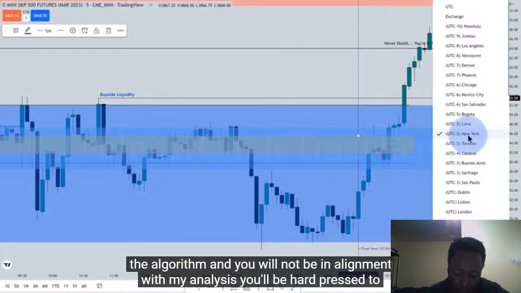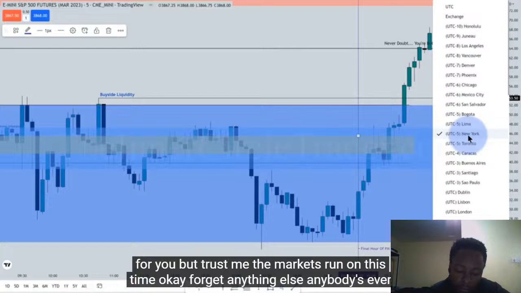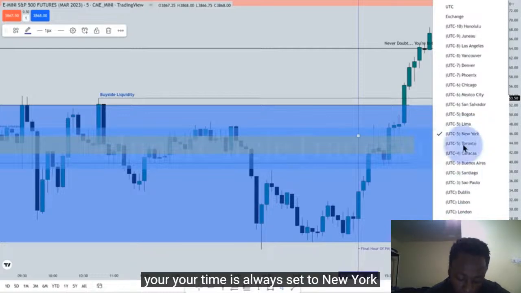You'll be hard pressed to find the things I'm showing you in the chart. It'll be confusing. I know it may be an adjustment for you, but trust me, the markets run on this time. Forget anything else anybody's ever told you. This is what you use. So just scroll through on TradingView and make sure your time is always set to New York.